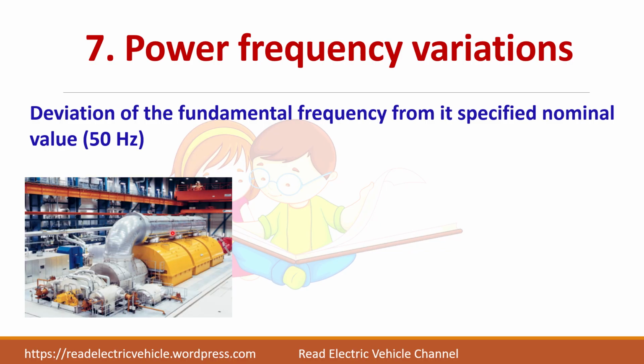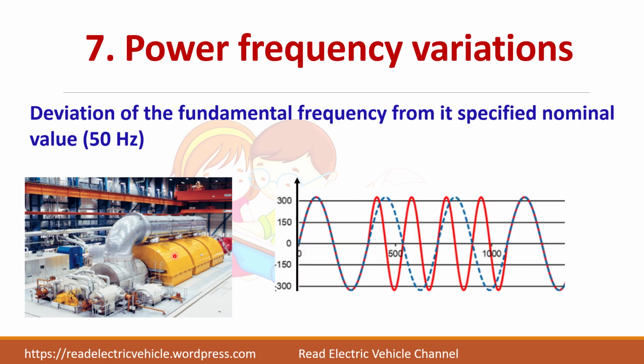In a generating station we have the generator which will generate the power. It will be running at a particular speed. Sometimes load will be connected or disconnected. Due to that, to balance the load and the supply, you need to change the speed. So due to that, some change in the frequency will come.